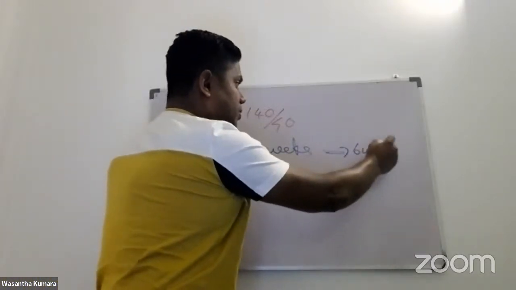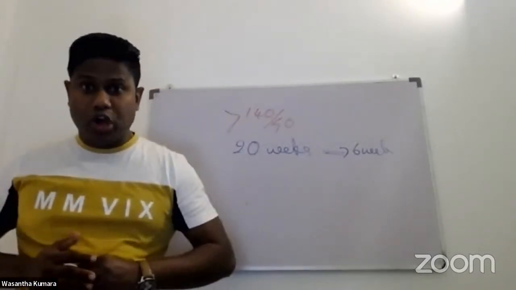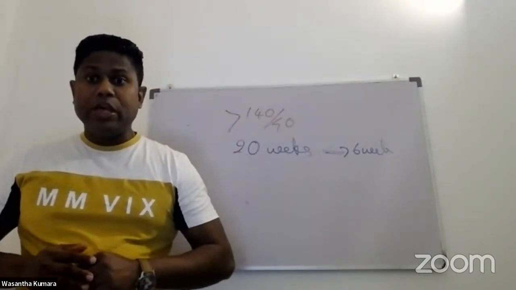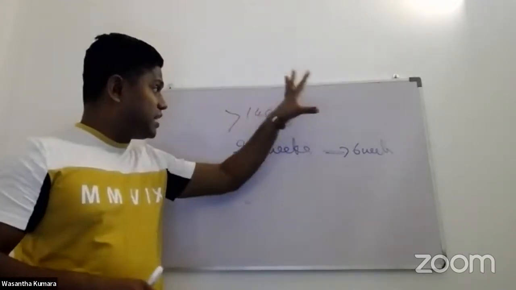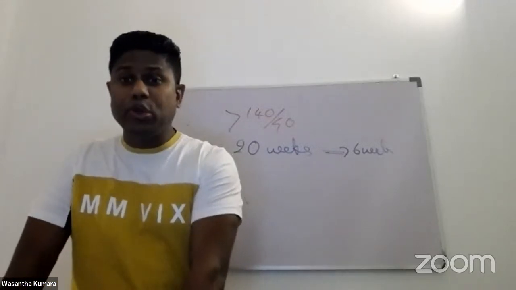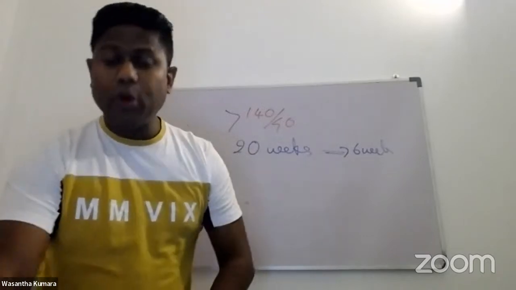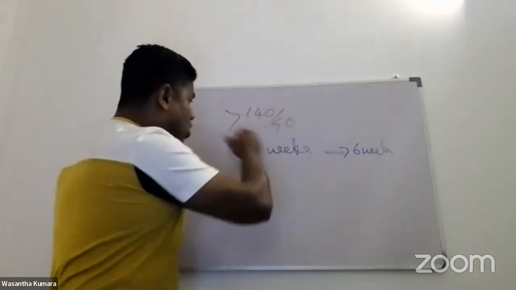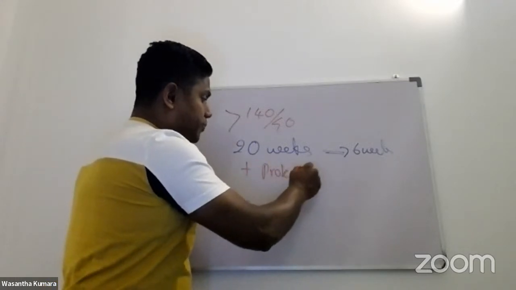Without any treatment, within 6 weeks, it should come back to normal. So someone needs to have high blood pressure with all these criteria, plus proteinuria and edema, and that is called preeclampsia. In addition to all these things, you need to have proteinuria, protein in the urine.